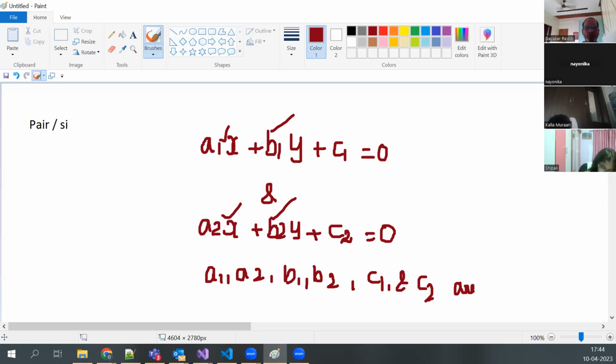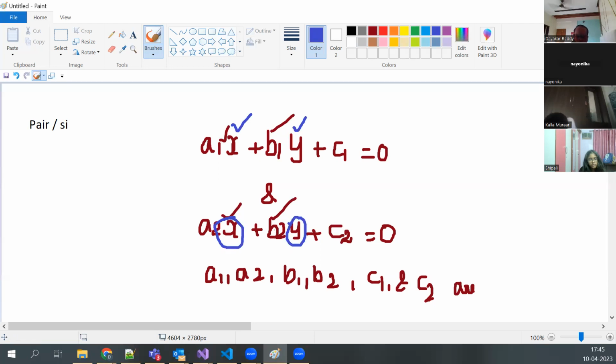Right. So the whole chapter revolves around only one particular main objective. The main objective over here is how to find the variable values x and y.